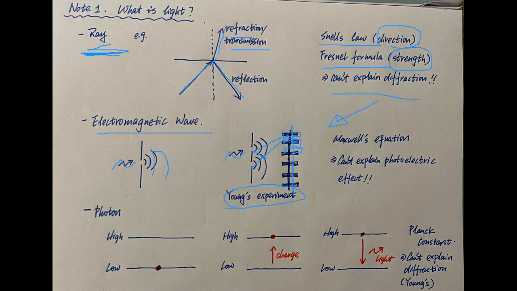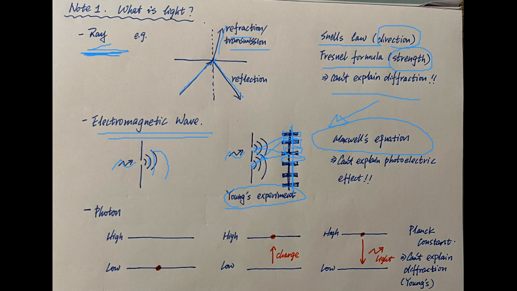And for a light strip, the distance difference between the two slits would be magnitude of a multiple of wavelengths. So the two waves, they add together constructively. So for the EM wave model, we have Maxwell's equation to describe the EM wave propagation.